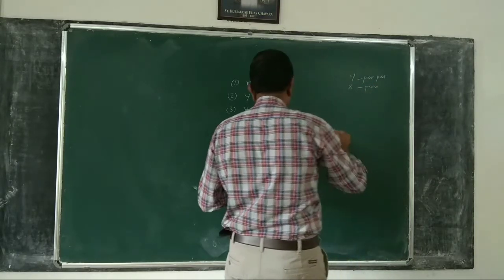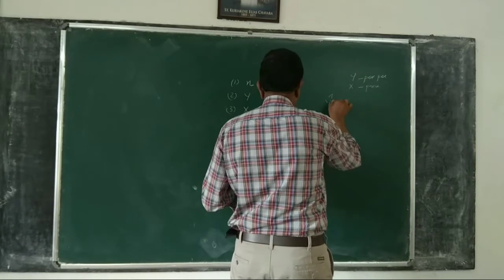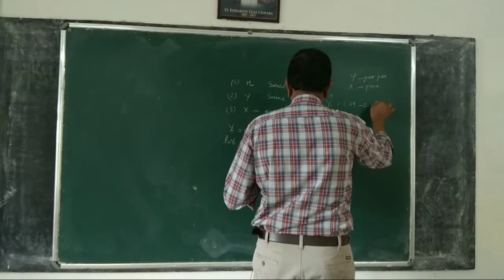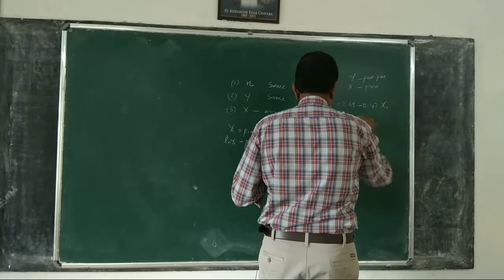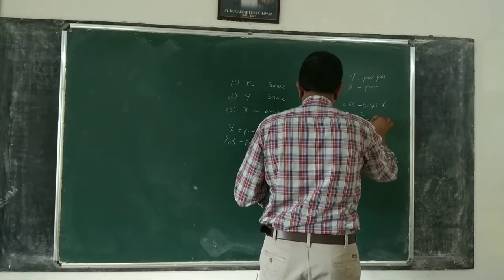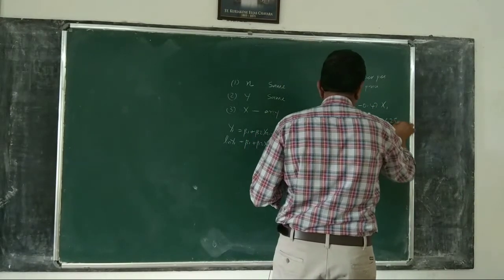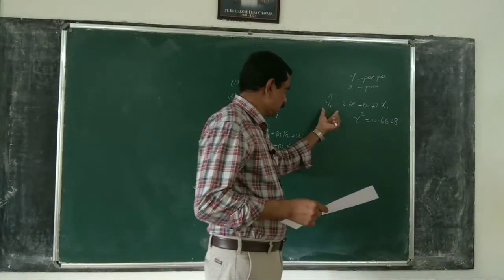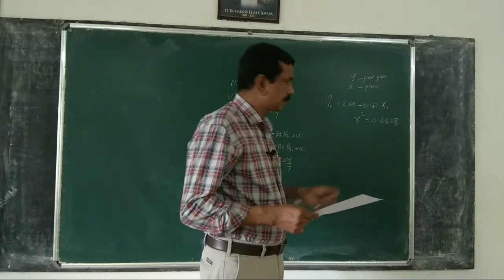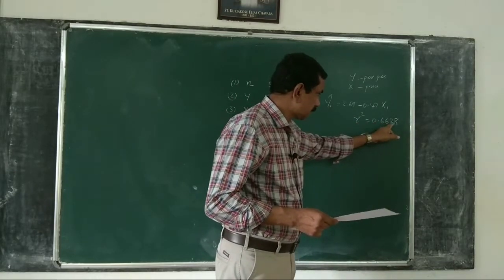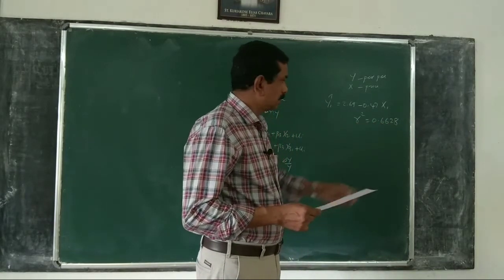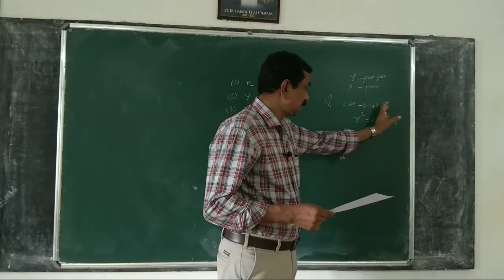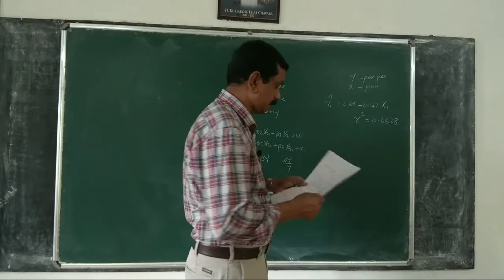Applying OLS, Y hat i is equal to 2.69 minus 0.47 Xi, and R square is equal to 0.6628. That is in terms of Y and X. R square is 0.6628. That is 66% of the variation in coffee consumption is explained by variation in price.